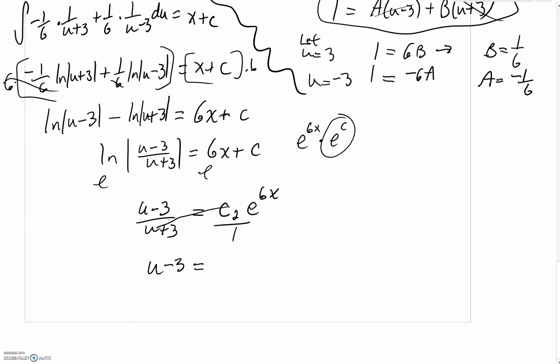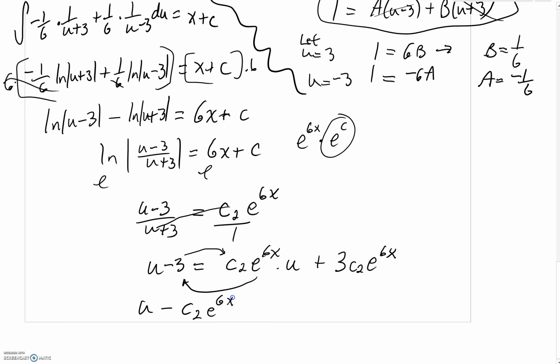And as we multiply through here, we'd get c2 e to the 6x times u plus 3 c2 e to the 6x. And tell you what, I'm going to bring this term over and I'm going to bring that term over there. And we'd subtract, we'd get c2 e to the 6x u, and then we'd have a 3 plus 3 c2 e to the 6x.